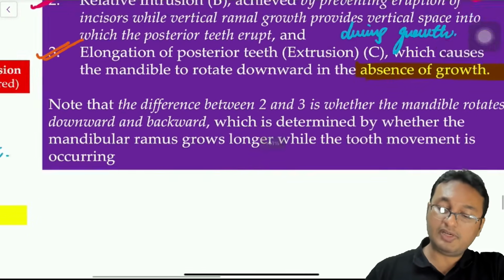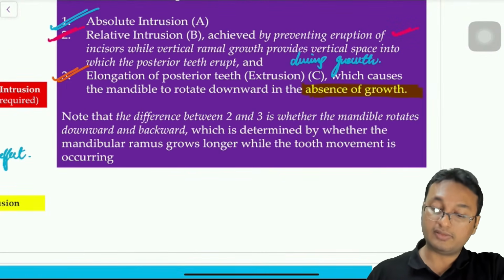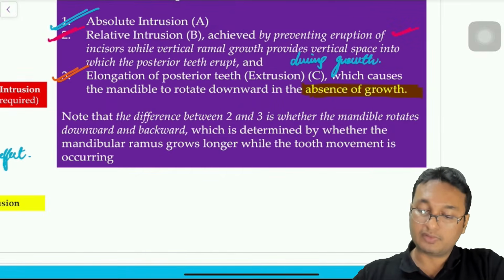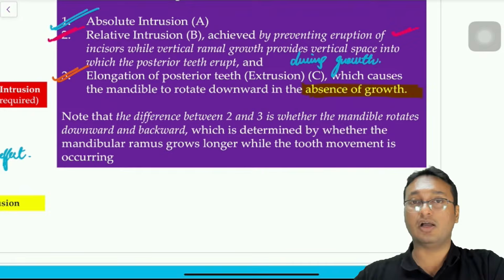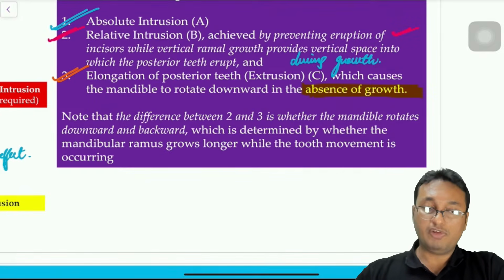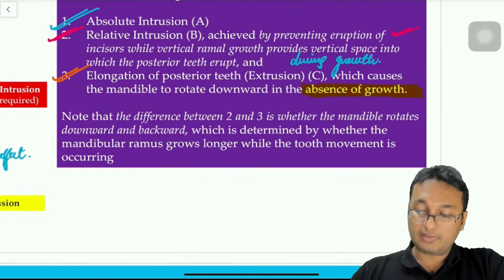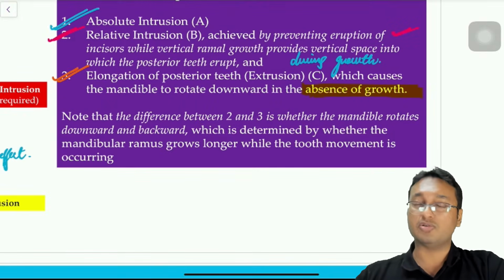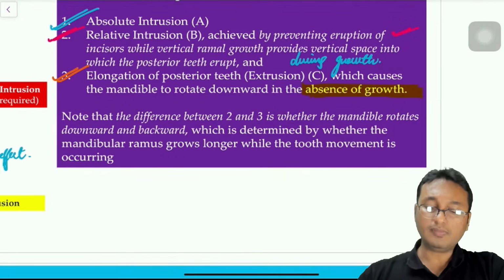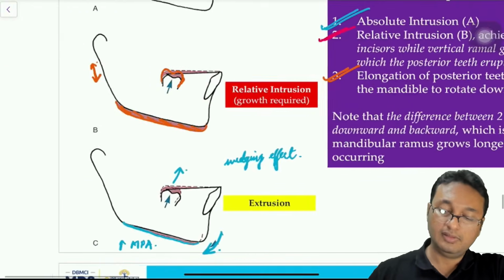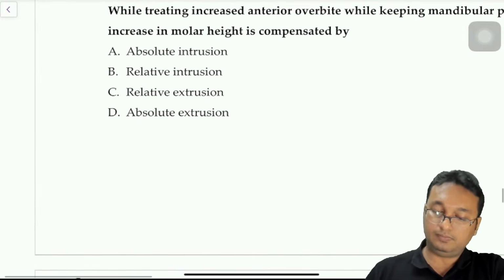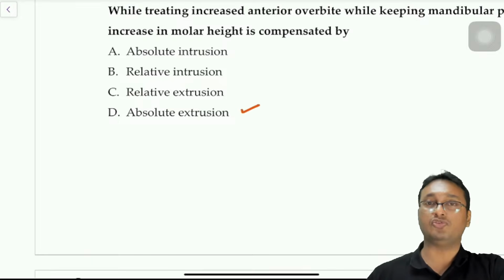Note that the difference between 2 and 3 is whether the mandible rotates downward and backward, which is determined by whether the mandibular ramus grows longer while the tooth movement is occurring. Now, if you are given a question which says specifically that the mandible has grown in a downward and backward direction, or the mandibular plane has increased, in that case, the answer would have been absolute extrusion.